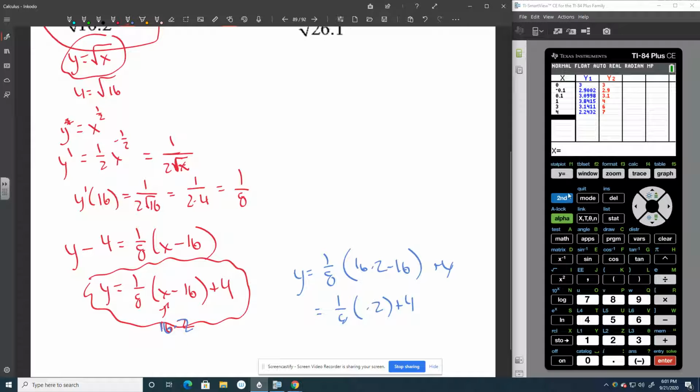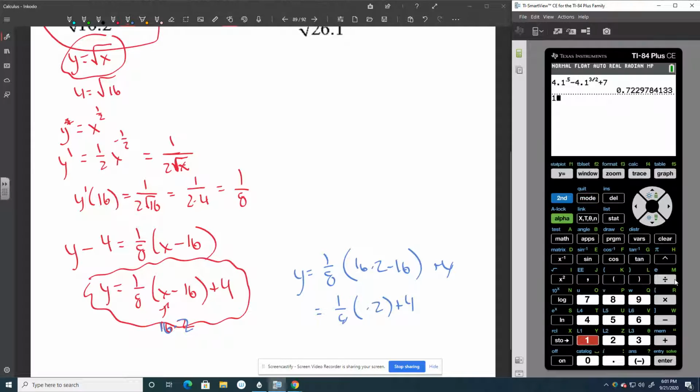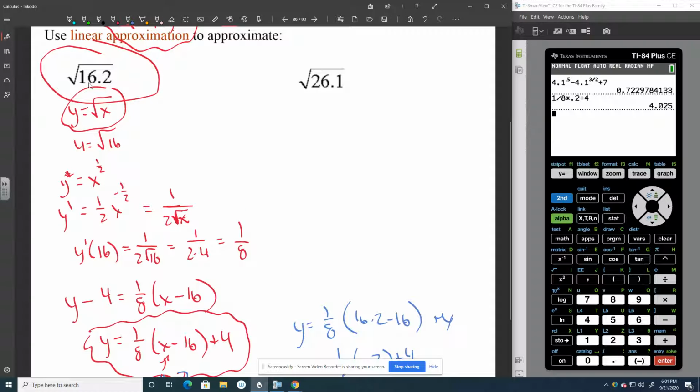1/8 times 0.2, we can go ahead and plug that in. And then when I add 4, I get 4.025. So my y is approximately 4.025. Now I can find out exactly what it would be because I have a calculator.